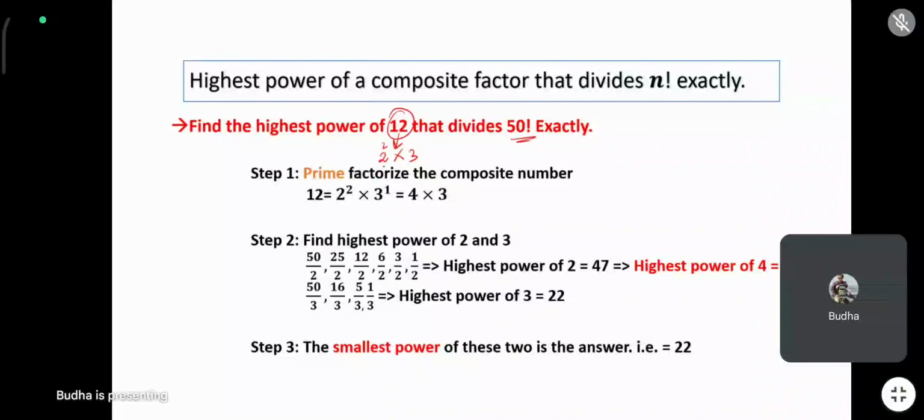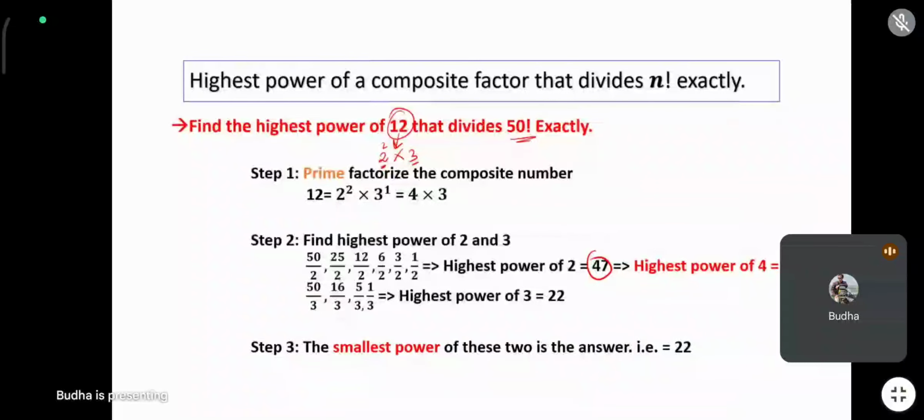So I will be looking for the power of 2 and power of 3. So power of 2 is nothing but 47. Power of 3 is 22. Okay. Same process, no changes.